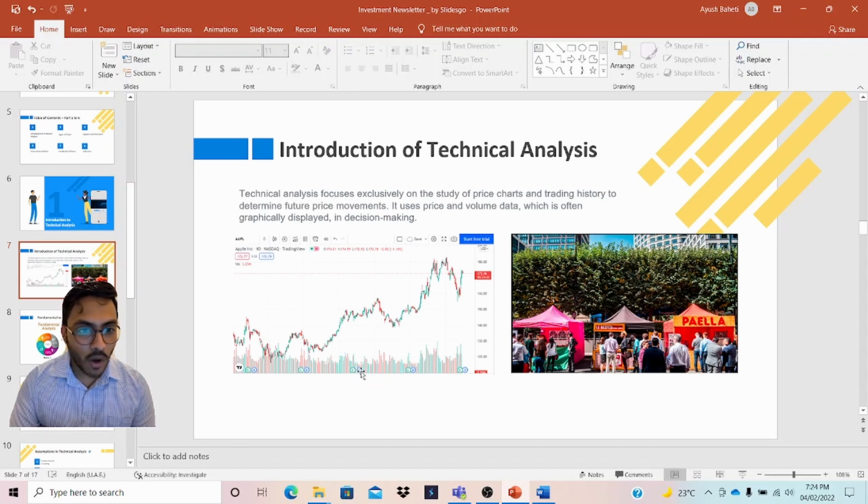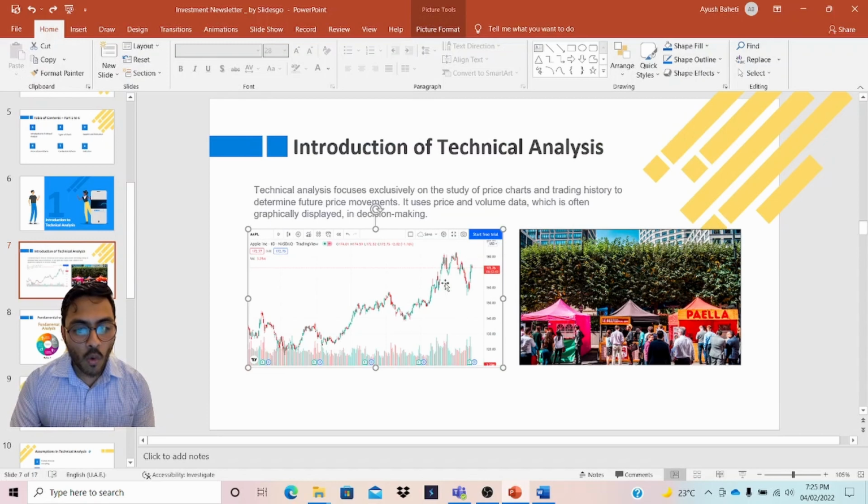So now let's talk on technical analysis. Over the period of time, on this chart where you see people buying, selling, some patterns are formed, and looking at those patterns, you can make a decision whether to buy a stock or sell a stock.